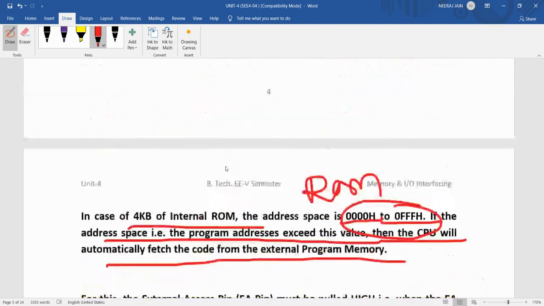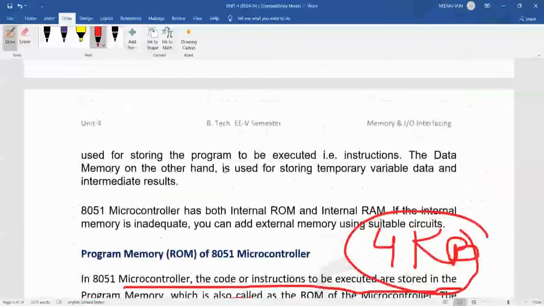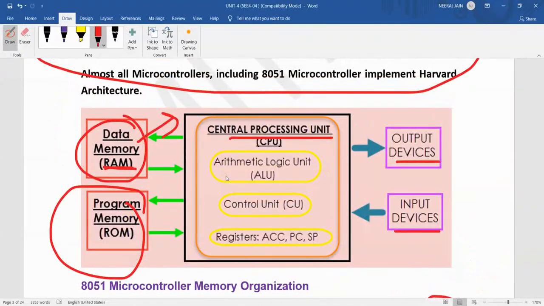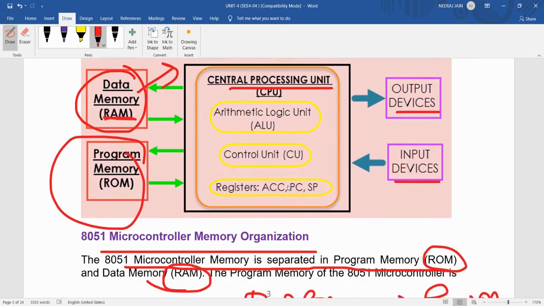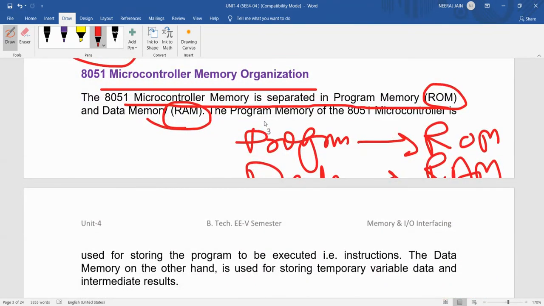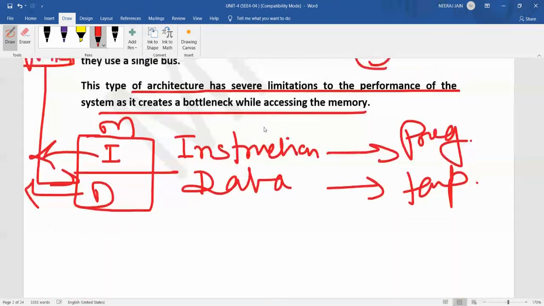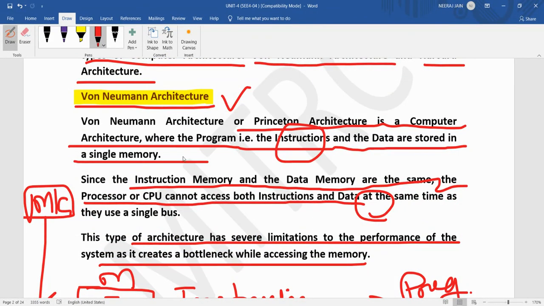So here we have seen the memory structure in the 8051 microcontroller, and in the modern present scenario all microcontrollers use the second type of architecture.